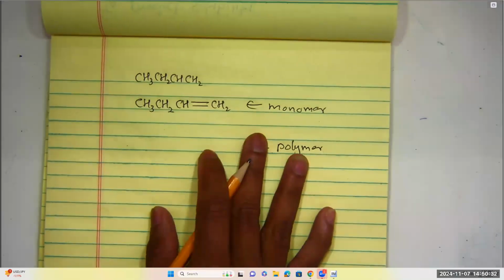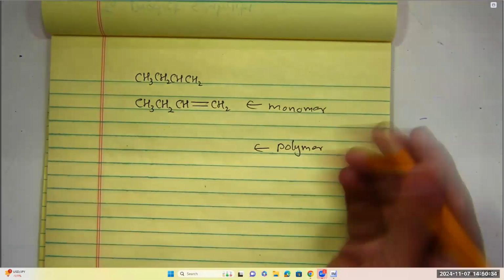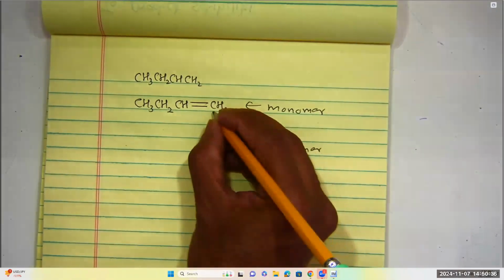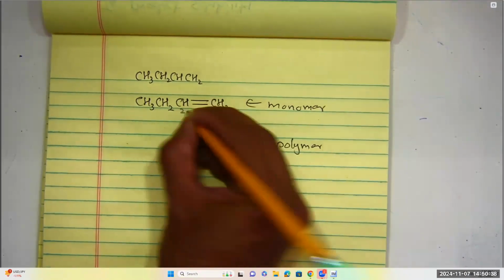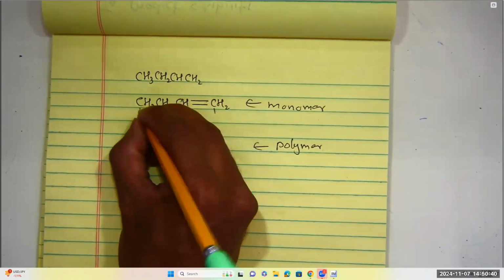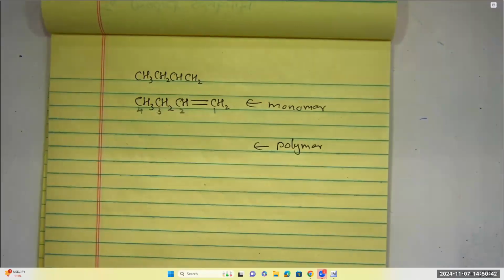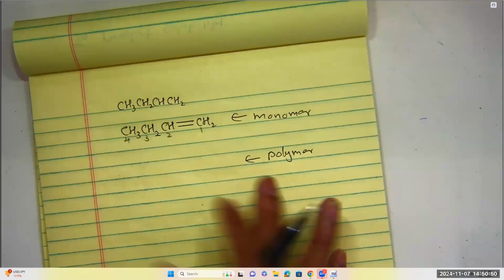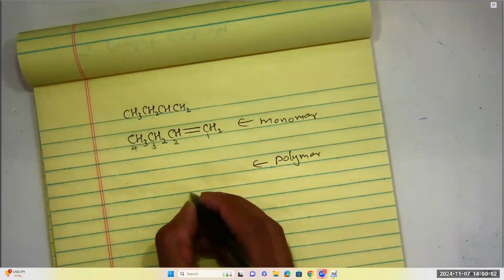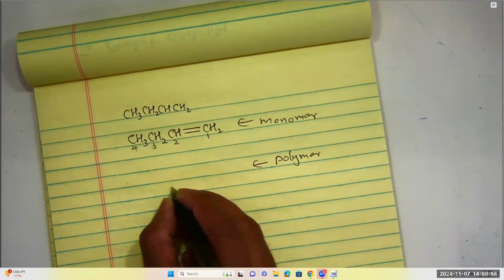When I do that, I would label my carbons. I'm going to call this carbon 1, carbon 2, 3, and 4 because it's easier. You don't have to do it, but I find it easier. So let me draw my carbon 1, 2, 3, and 4. Here's my carbon 1.